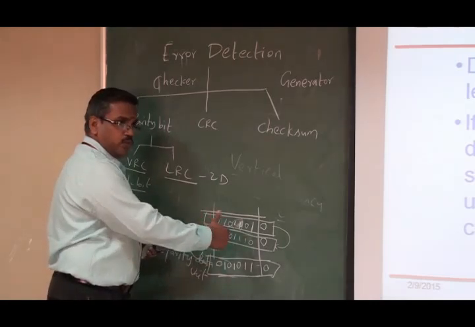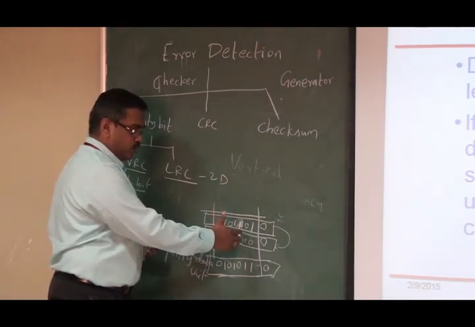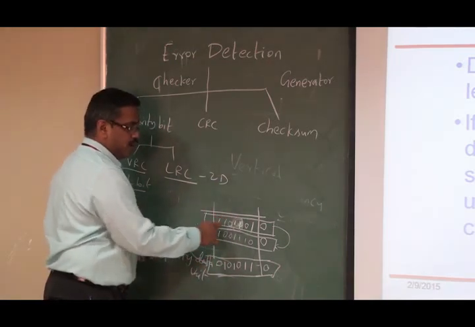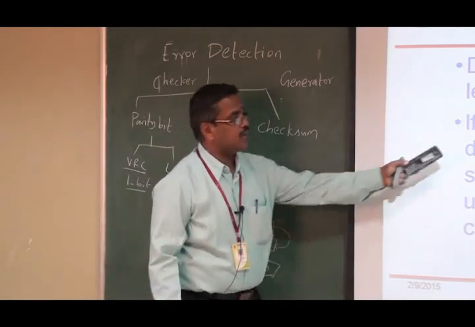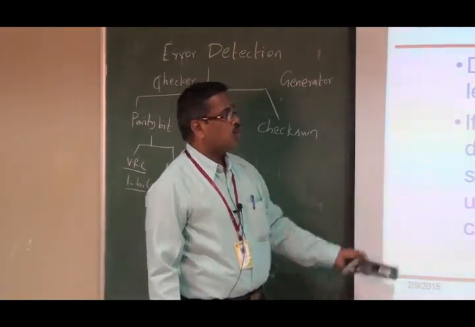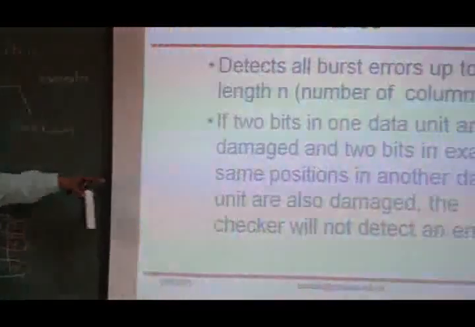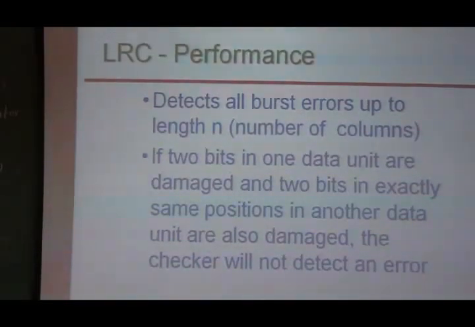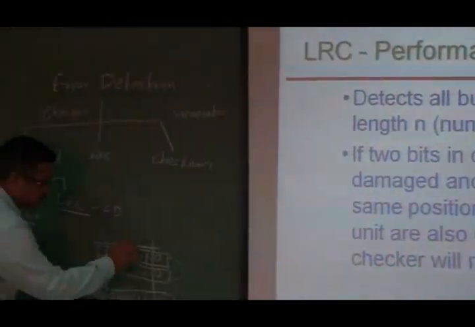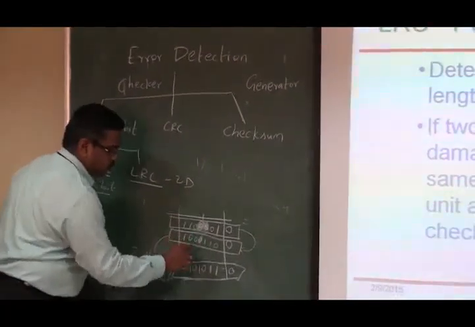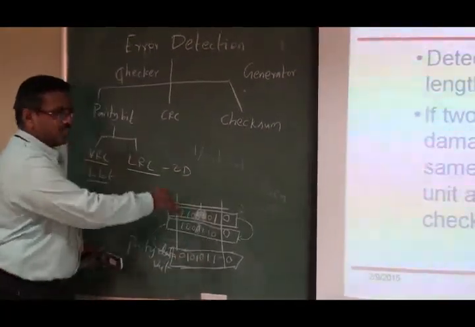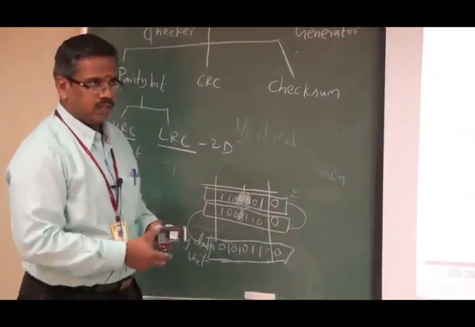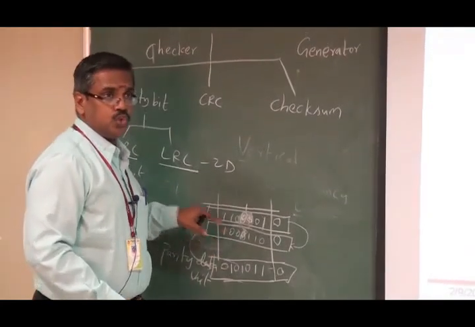So if we are using odd parity and the count is matched, there is no data error in that sense, but actually 2 bits are interchanged. So this is one kind of error that occurs. And the exactly same position in another data unit is also damaged. For example, here we have 0 0, so it is changed to 1, and this is changed to 0. So the same position in 2 data units changes, and that also cannot be found as an error in this. So this is the issue we have.